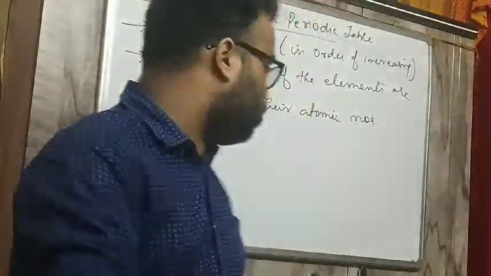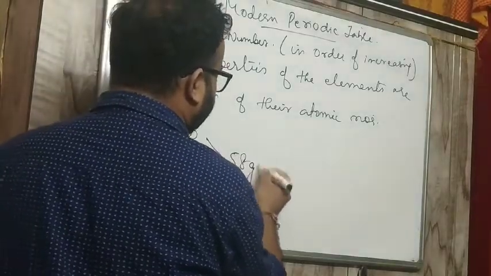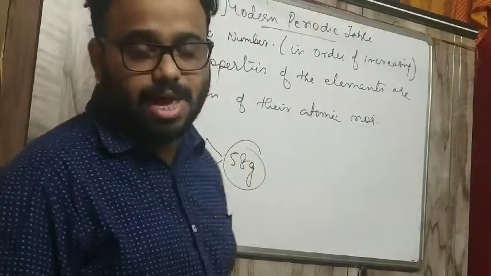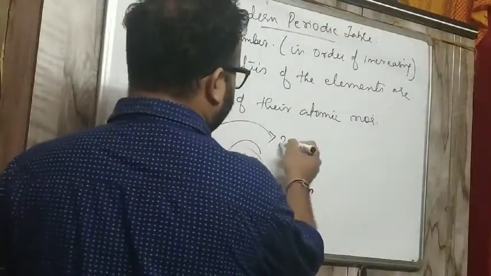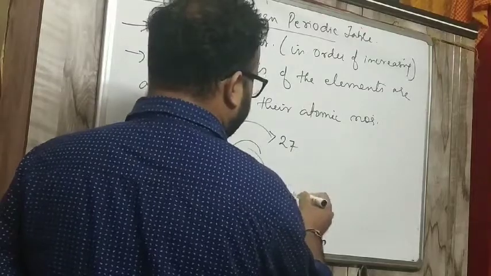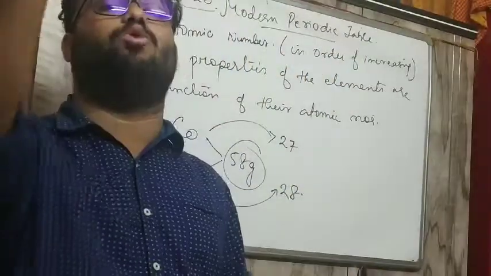I guess you know that cobalt and nickel, which we discussed last class, have nearly the same mass, that is 58, and hence they could not be placed properly. But now cobalt's atomic number is 27 and nickel's atomic number is 28, and hence nickel is placed after cobalt.